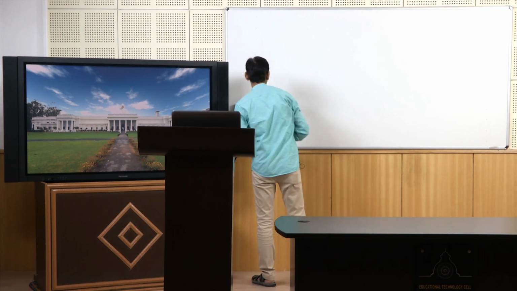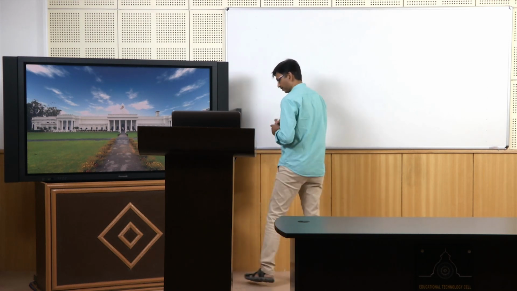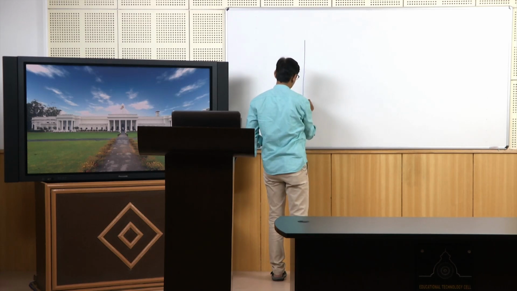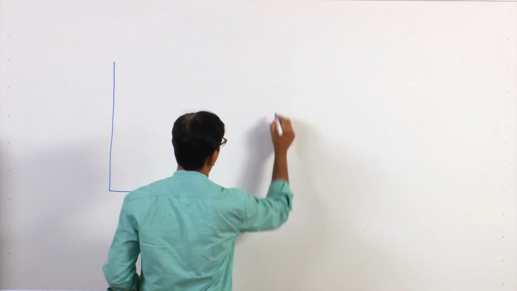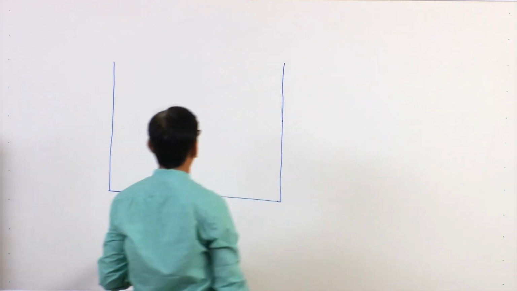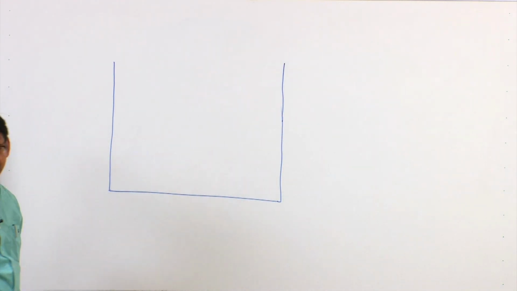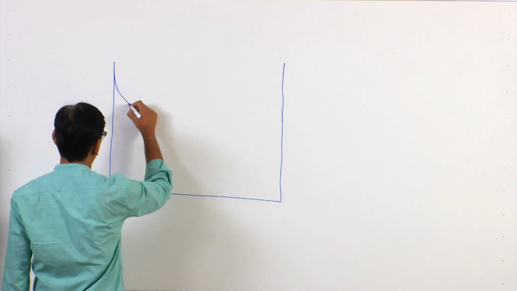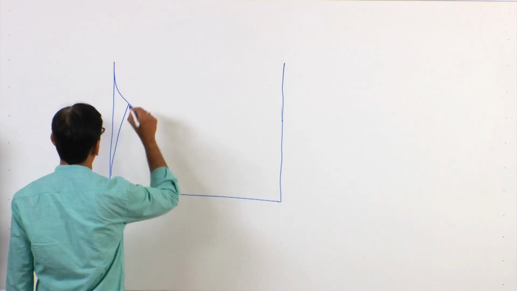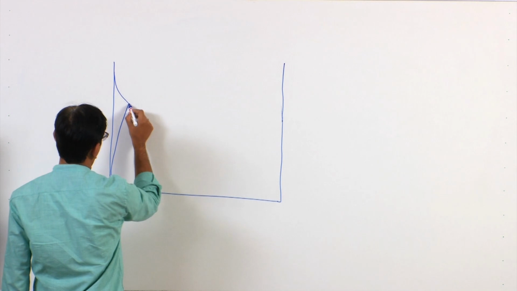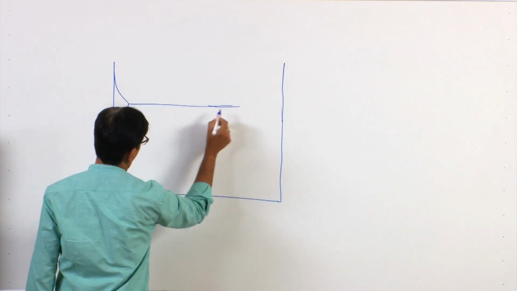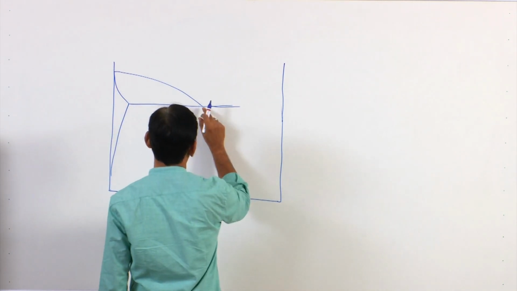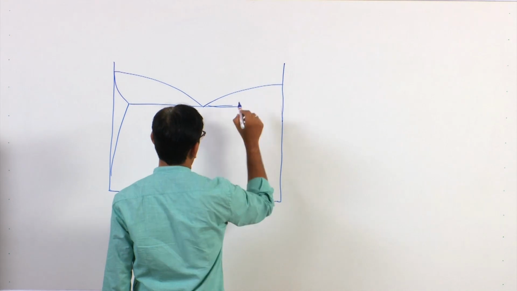Okay. So, a eutectic phase diagram will look like this. There will be one single phase here, then there will be a constant temperature line, then there will be another phase line like this.